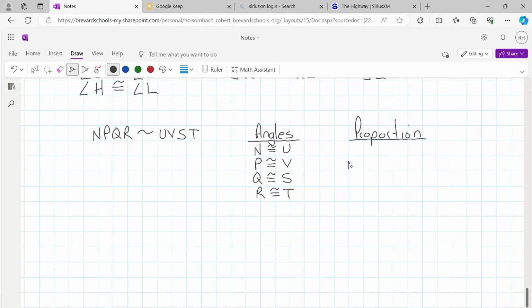So NP over UV is going to be equal to PQ over VS, which is going to be equal to QR over ST, which will be equal to, now I'm going to use first and last, NR over UT.